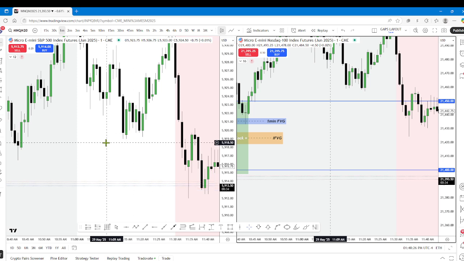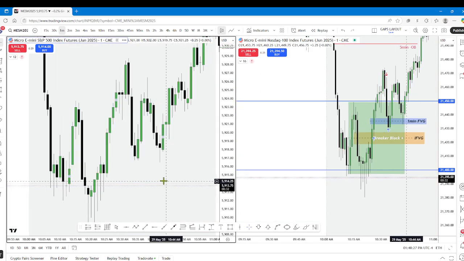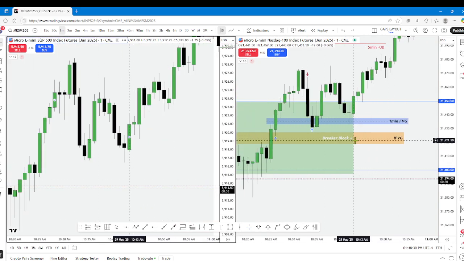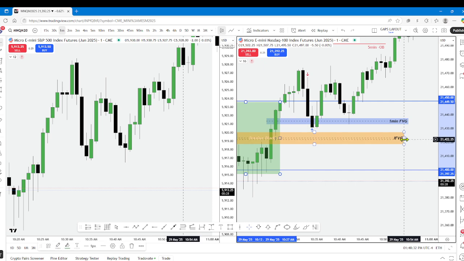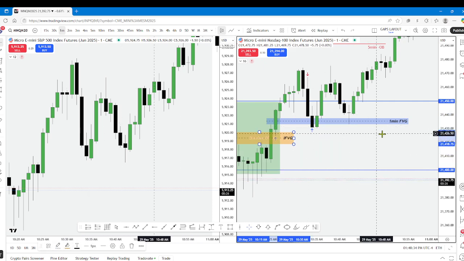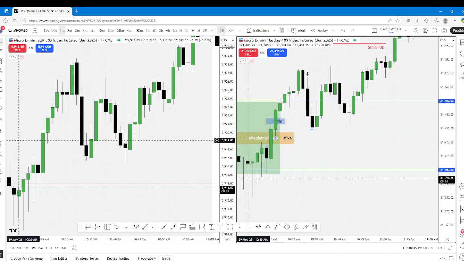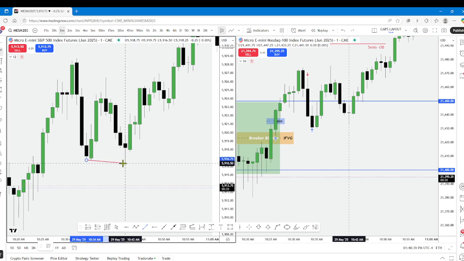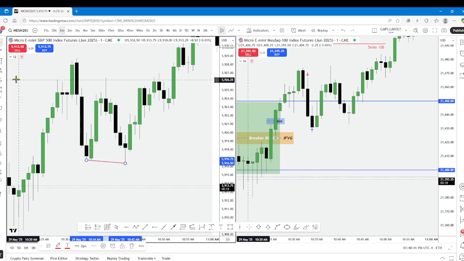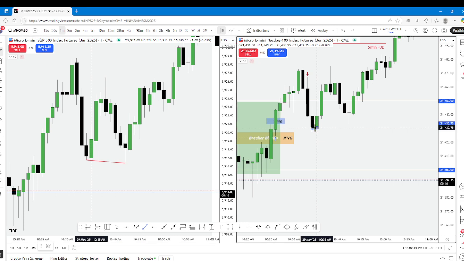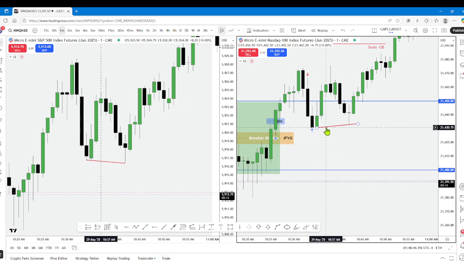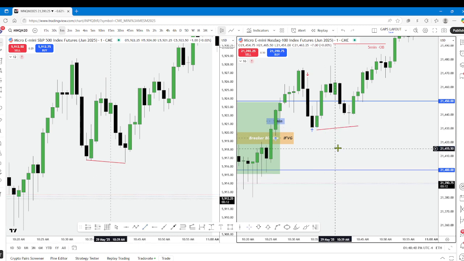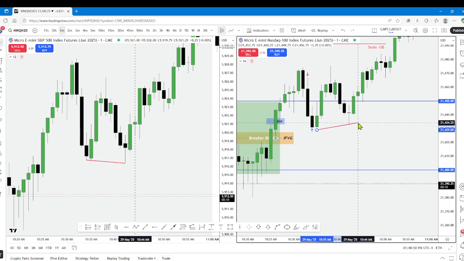If we look at the S&P, we'll move some of these PD arrays here. We can see if we look at the S&P on the left here, we ended up going lower, but NQ was showing higher. So we had a smart money divergence there as well, cracking correlation.